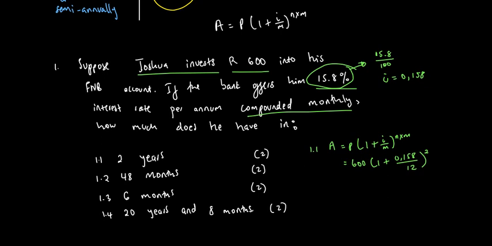Then we want to know in 2 years how many months we have, because if we say compounded monthly, we want to work in months only. So that's why we have to convert these 2 years to months. We multiply that by 12. Then you say 600 into 1 plus 0.158 divided by 12, to the power 24. So what is the answer that you get there?